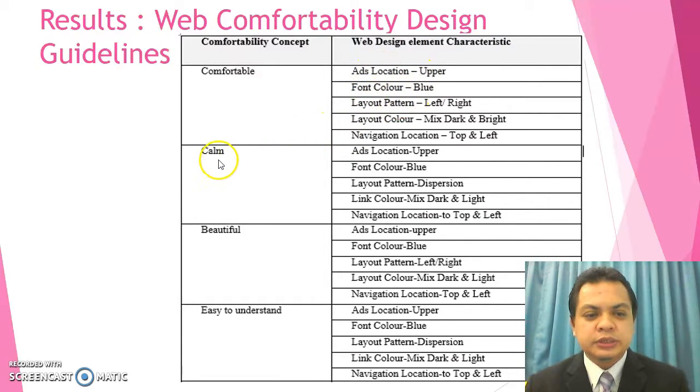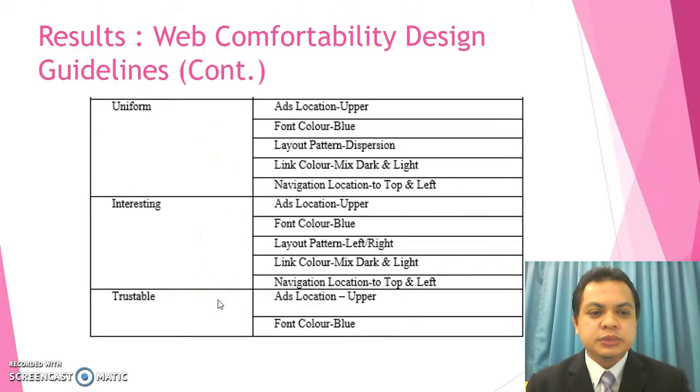So also for the next one, the characteristics. If you want to create a website design which portrays comfortable, you can use these elements. The element must be like this: upper, font color must be blue, layout patterns, and so on. Then calm, beautiful, and easy. The next one is also the guidelines.